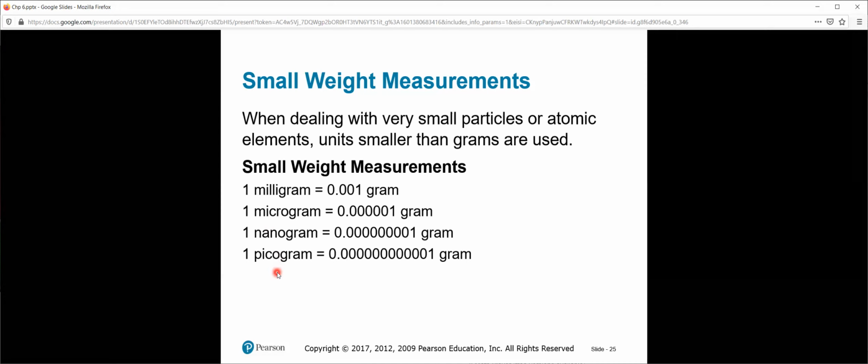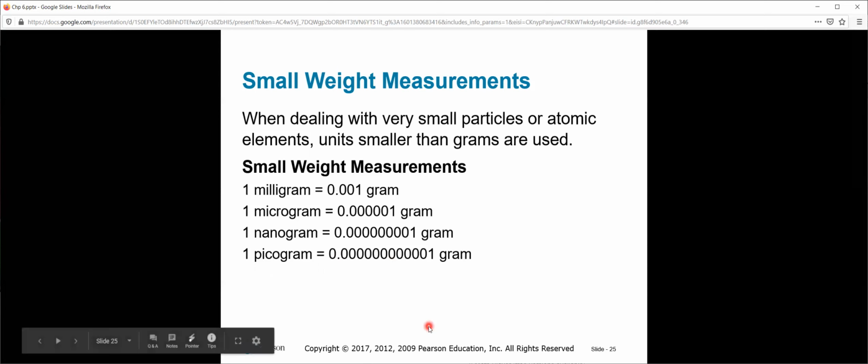A picoliter exists. It's essentially pointlessly small, because you can't really call it a liquid at that point. Picometer exists. It's kind of pointlessly small. I think atoms are even bigger than picometers, but the point still remains. This is a trillionth of a gram. It's stupid small, right?